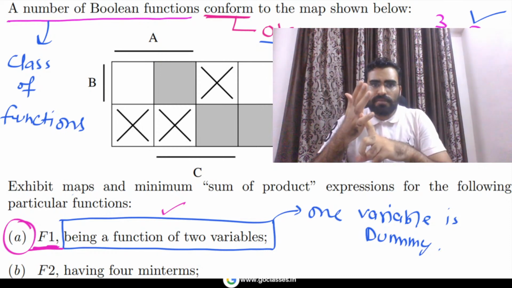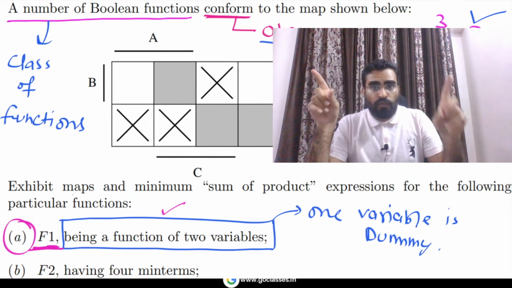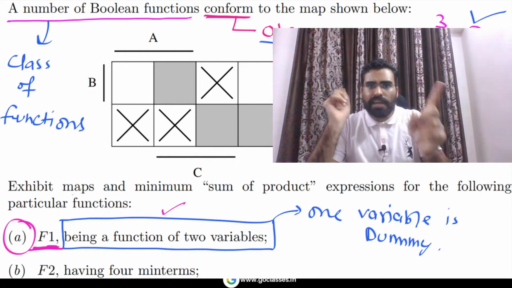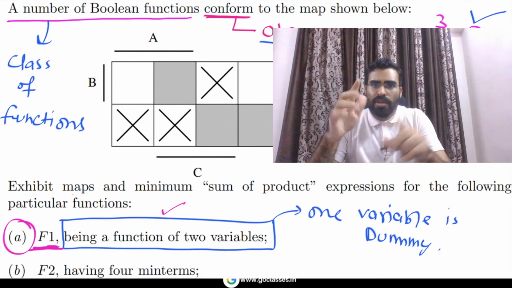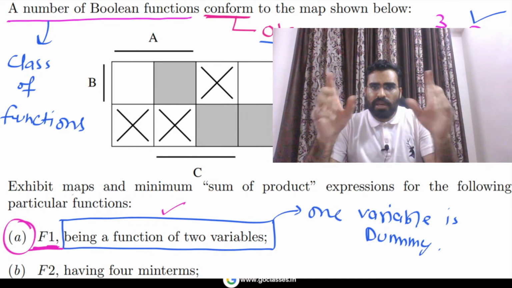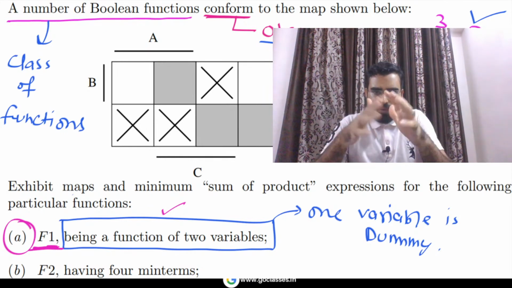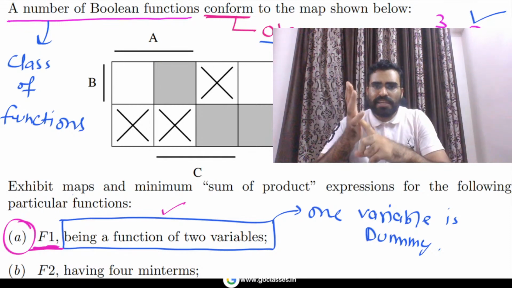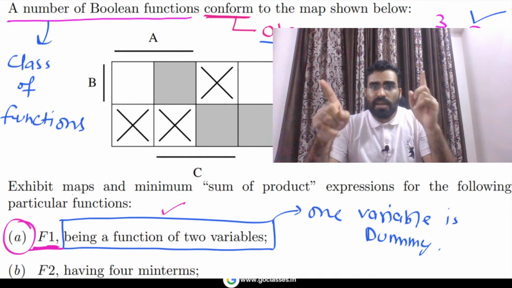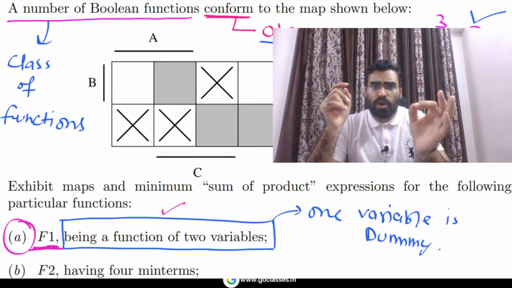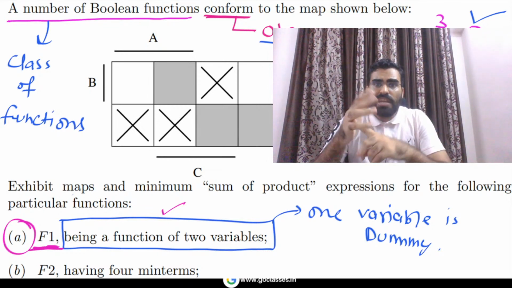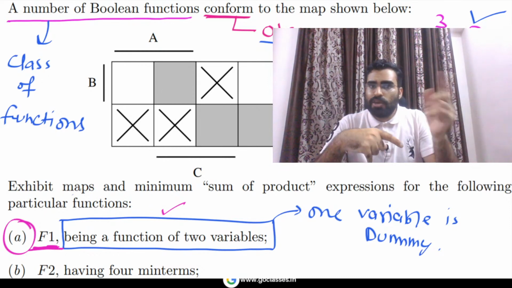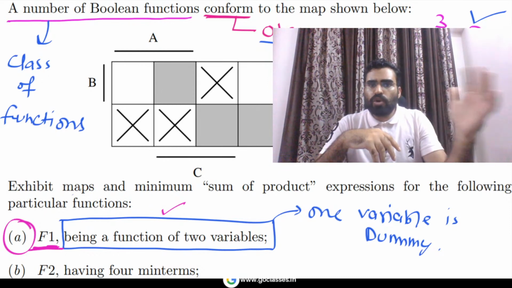You can notice that in all the 8 functions, whichever you take, C cannot be dummy and B cannot be dummy. After this session is over, you check it out: in all these 8 functions, C can never be dummy and B can never be dummy.